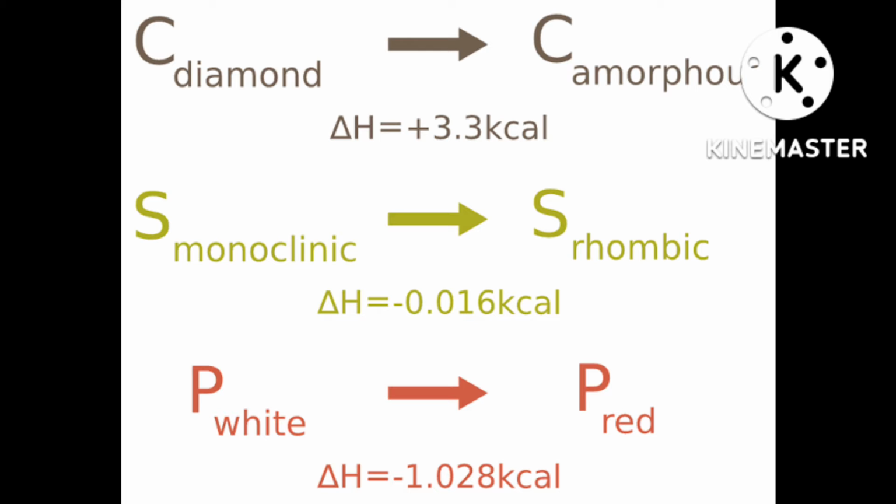Okay. Then you can understand by the example also. The reference state of an element is the most stable state of aggregation at 25 degrees centigrade and 1 bar pressure.